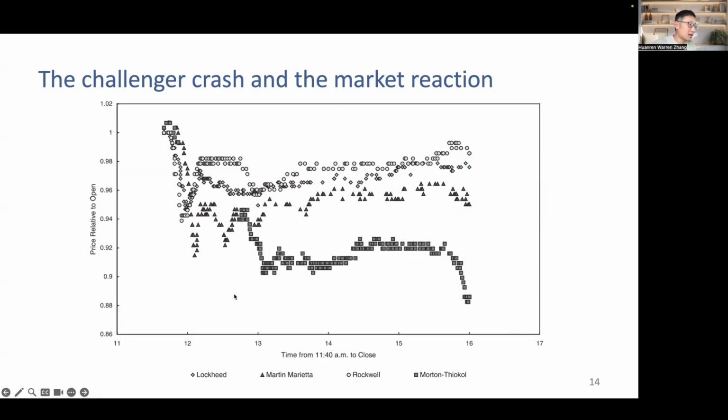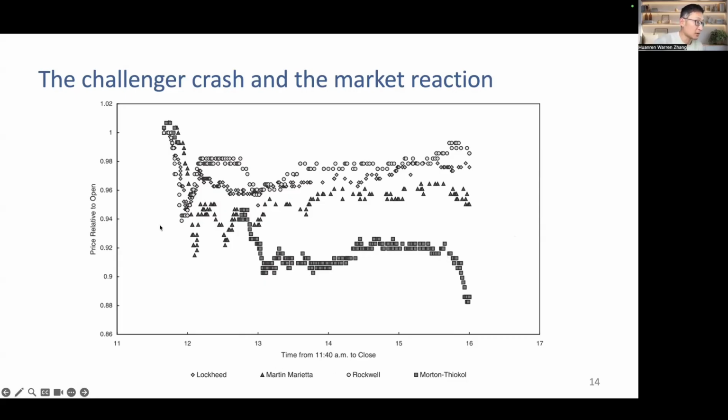And here is the corresponding price relative to opening price, right? So we see that all 4 major contractors have observed some decrease in their stock price. But we do observe that MT, Morton Thiokol, has observed a more dramatic decrease.